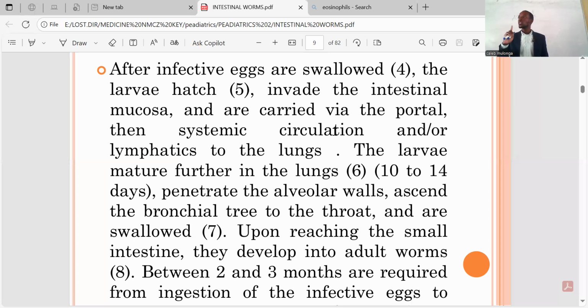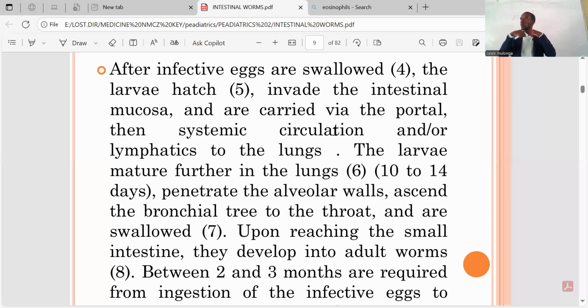So the larva goes to the lungs, and there it will grow for 10 to 14 days. Once it has grown, it will invade the alveoli walls and start climbing up through the bronchial tree to reach the throat. Some will be coughed out, others will be swallowed.